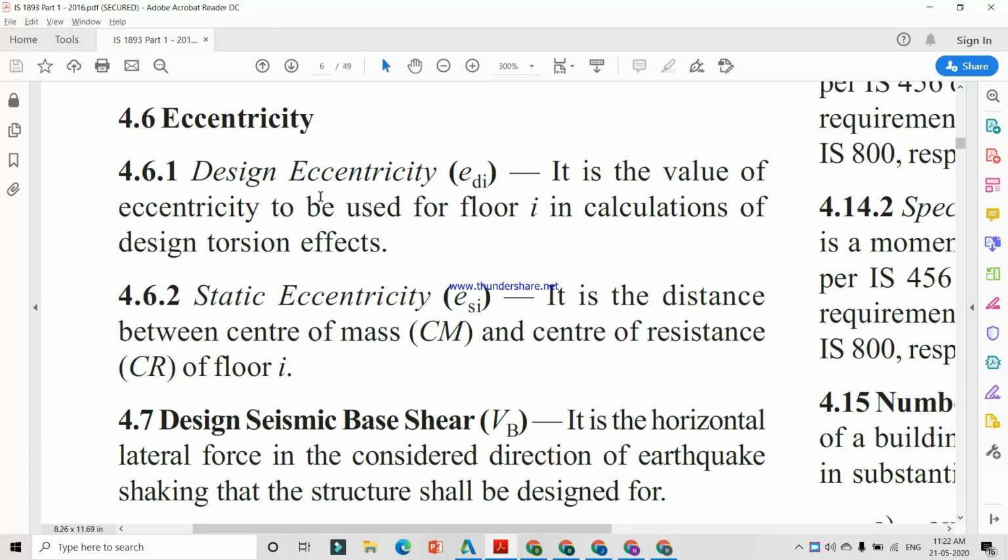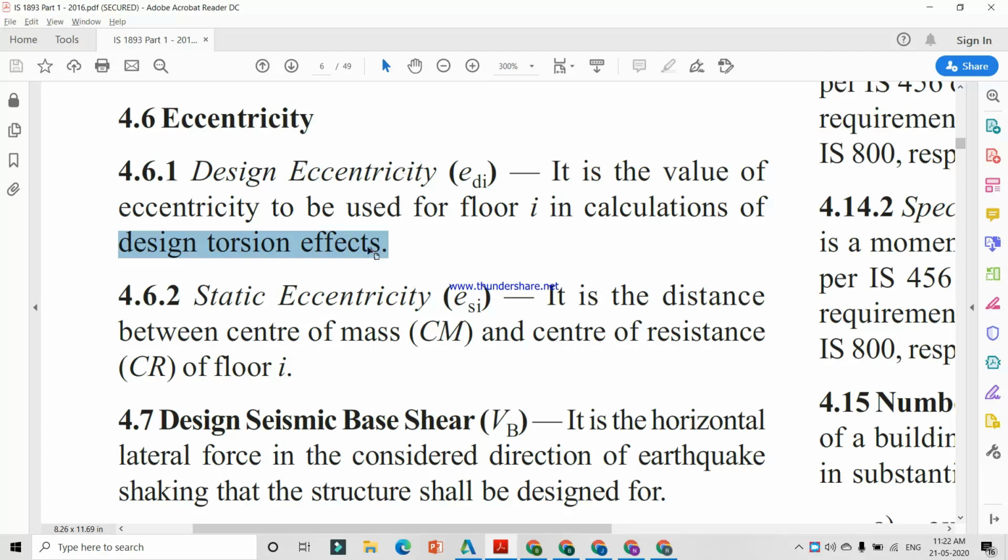4.6 Eccentricity. There are two types of eccentricities: design eccentricity and static eccentricity. Design eccentricity is the value of eccentricity used for the floor in the calculation of torsional effect.